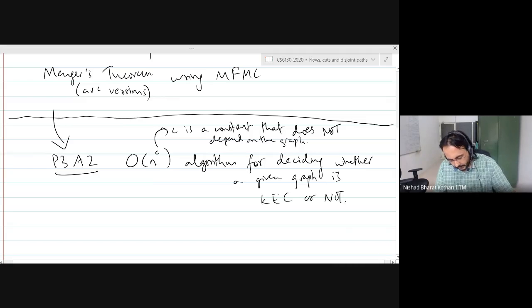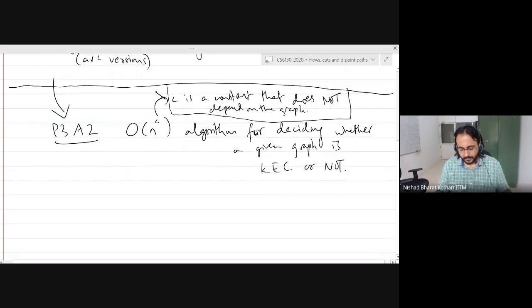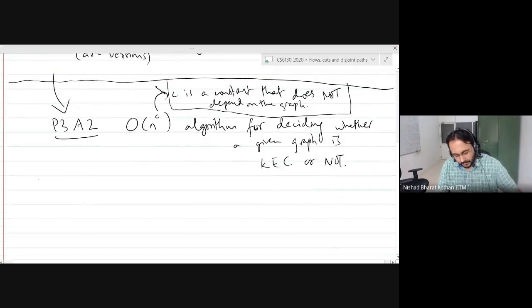The specific constant you will decide on the assignment. So try your best to get the constant as small as possible while still remaining within the realm of this course, right? So don't apply fancy data structures to get the c down.